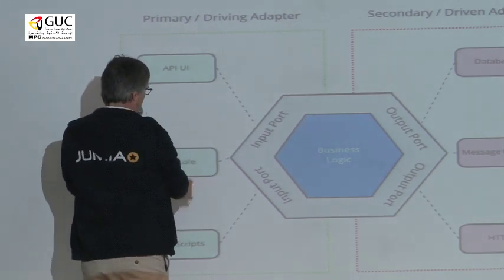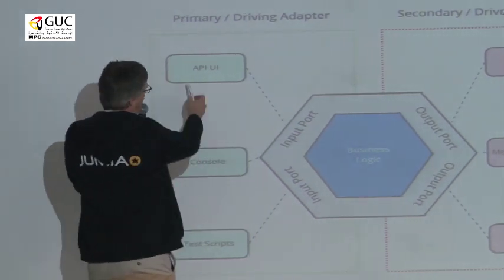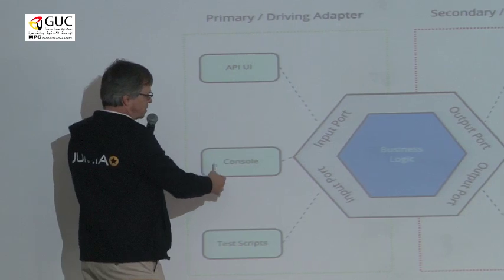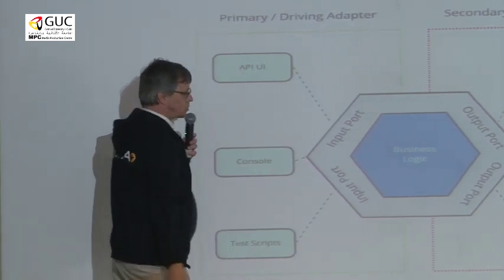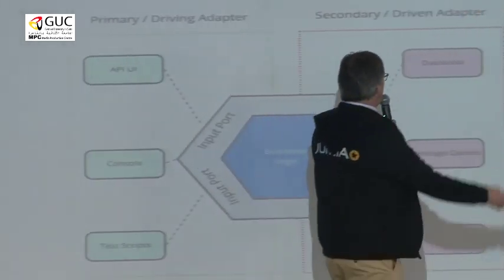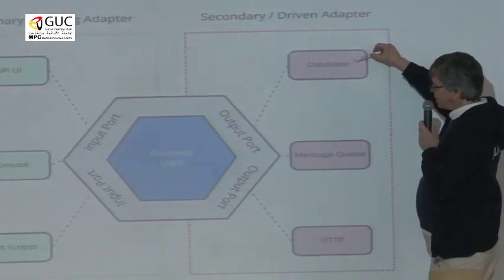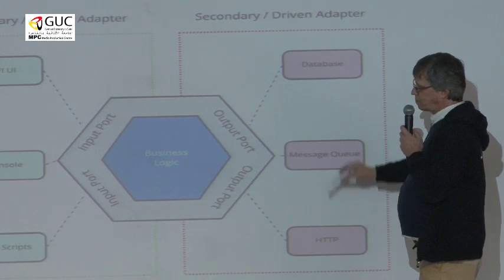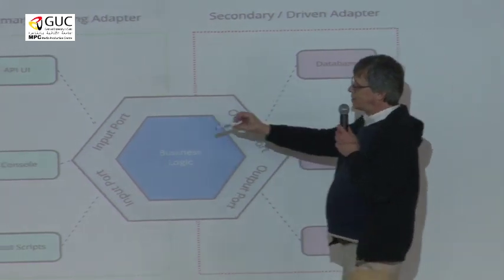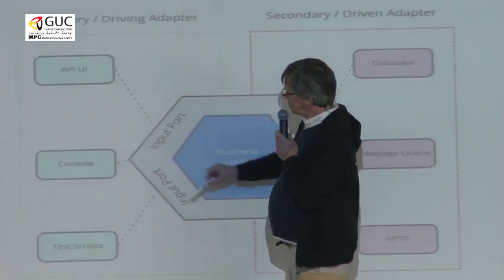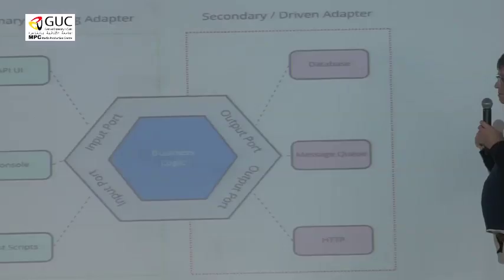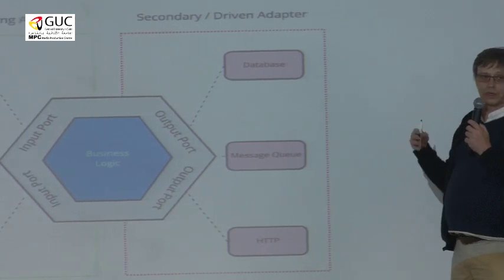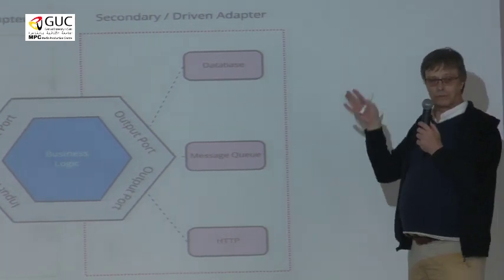And here we have other components. This is like an API for the user interface, console API, test scripts that can also be used there. We have databases, message queues, HTTP protocols, and all that. And this has something here that says inputs, outputs. The first name of this pattern was actually input, output.